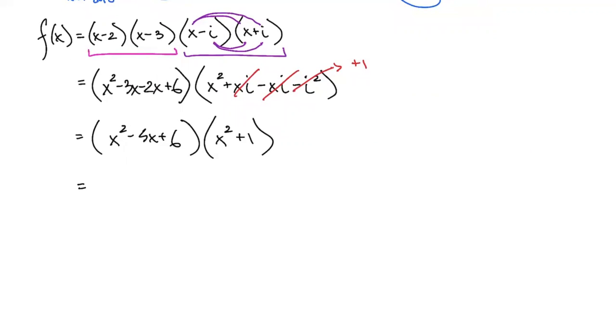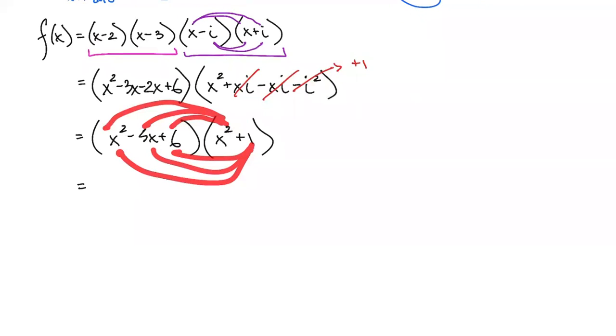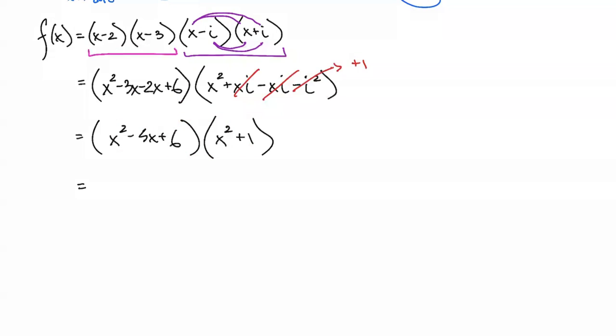Now, let me ask you something. Do you think it would be more efficient to distribute this like this? Or this way? I think it could really go either way. I just want us to be aware that we always have a choice.